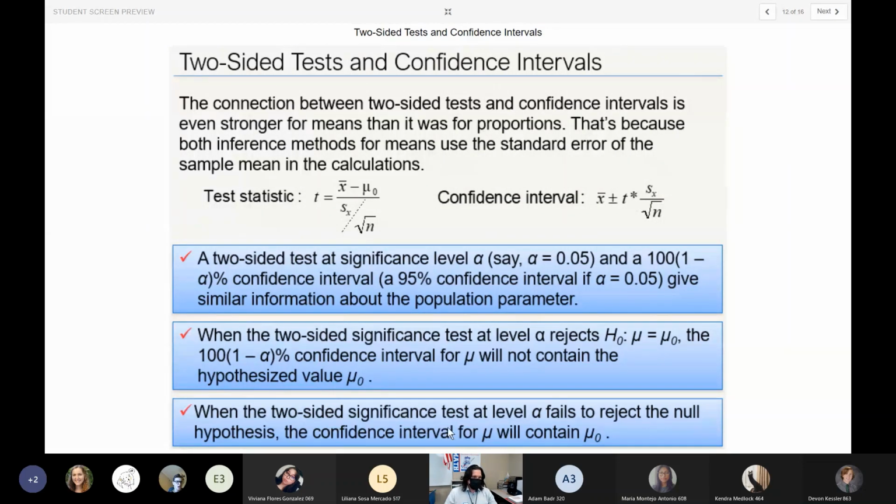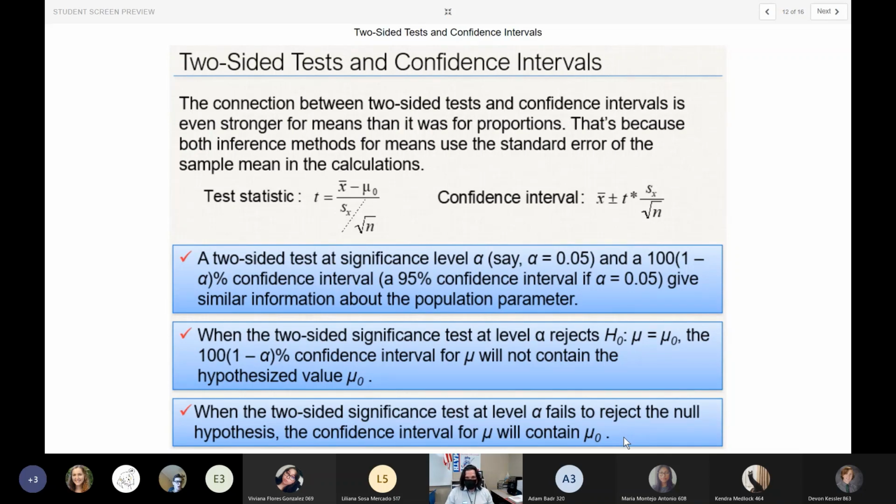When the two-sided significance test at level alpha fails to reject the null hypothesis, the confidence interval for mu will contain mu sub 0. And so this, on the other side, if we fail to reject the null hypothesis, then that certain value will exist in our confidence interval. And so that's how we have this really specific connection between two-sided tests and confidence intervals.